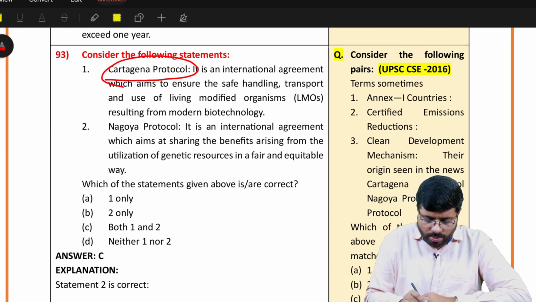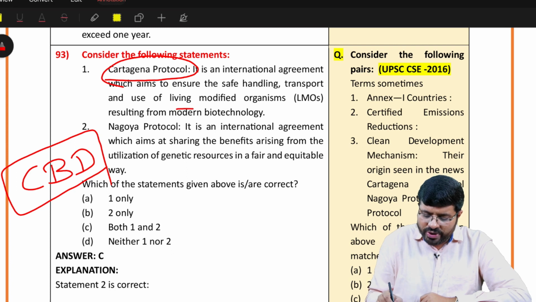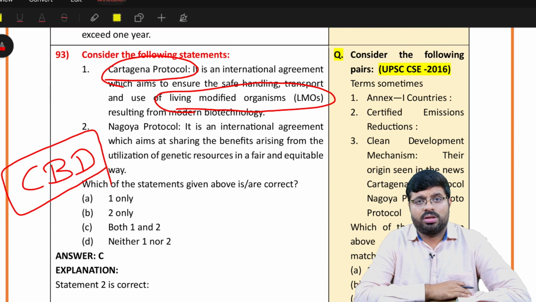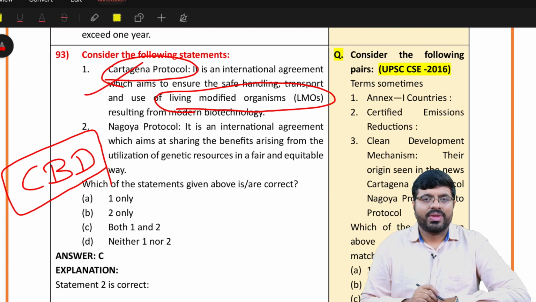These are all protocols of the Convention on Biological Diversity, CBD. The Cartagena Protocol talks about handling of living modified organisms, for example genetic engineering products. You have to handle such living modified organisms very safely with respect to transport of such materials, and the protocol that deals with such things is the Cartagena Protocol.